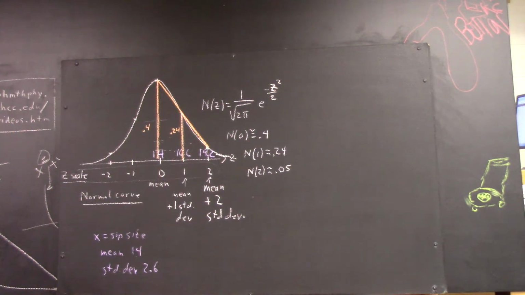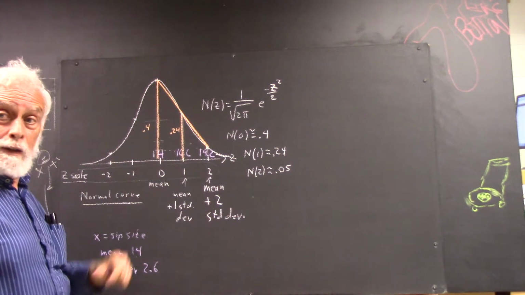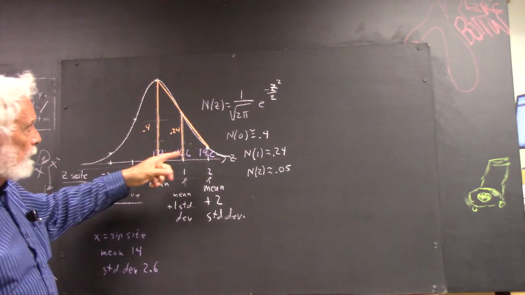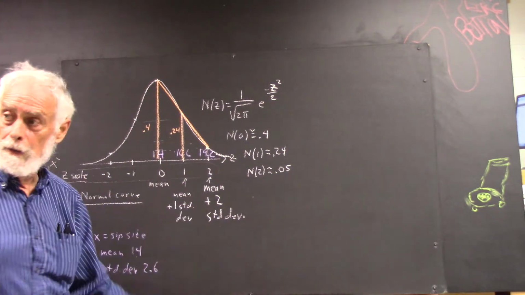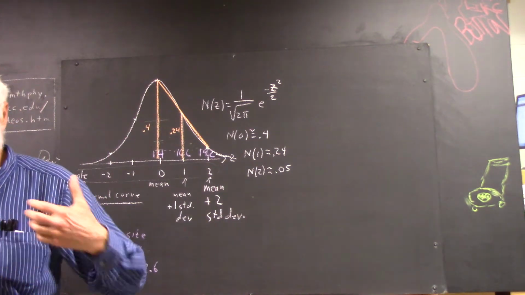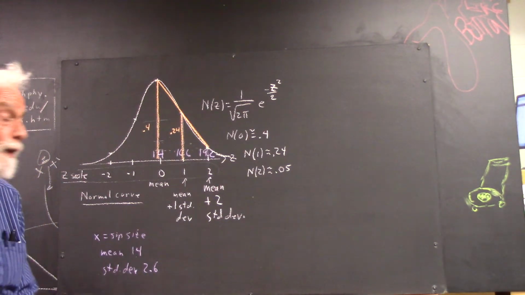And the ratio of these areas could be checked against my SIPs to see if the right percent of SIPs are here and the right percent are here. Okay? That make sense? If the SIPs are normally distributed, which a number of things are, then that's going to work.